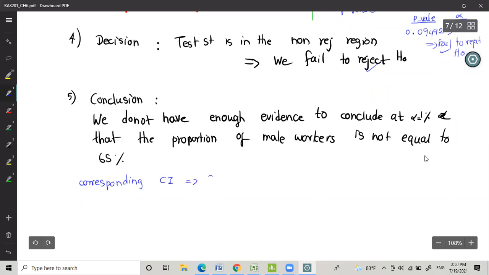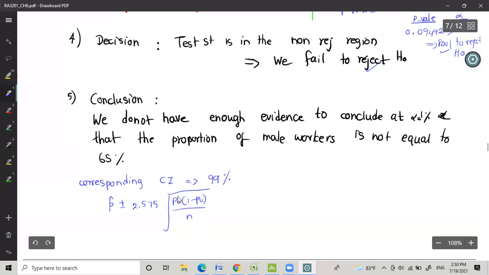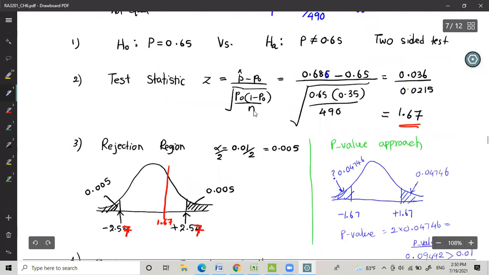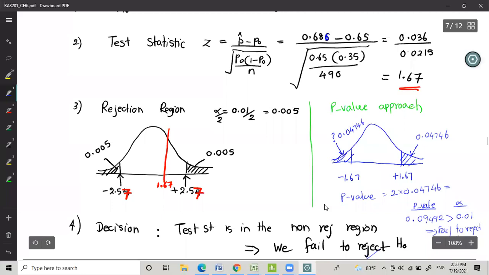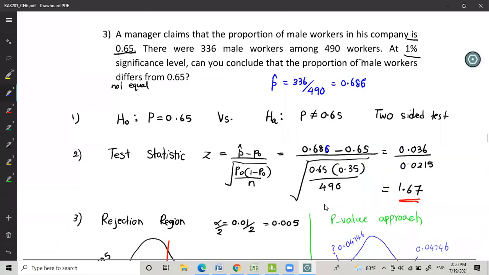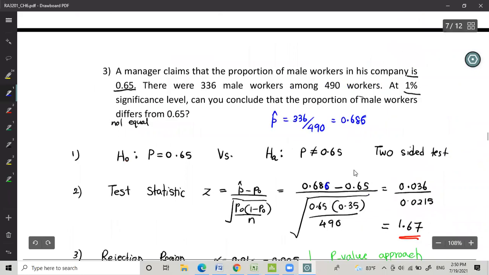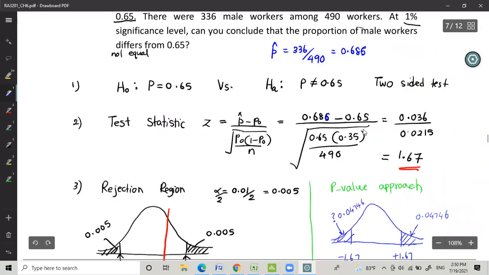If you have 1% alpha, it will be the 99% confidence interval: p hat plus or minus the Z score for 99%, where we use 2.575, times the standard error, what you have at the bottom. So let's do it. P hat is 0.686.